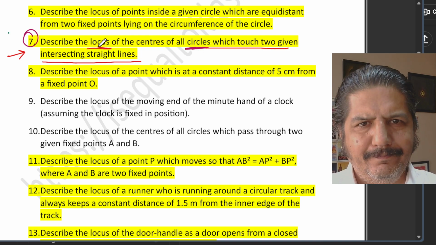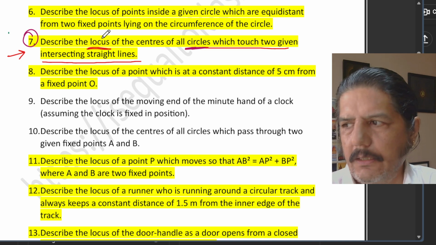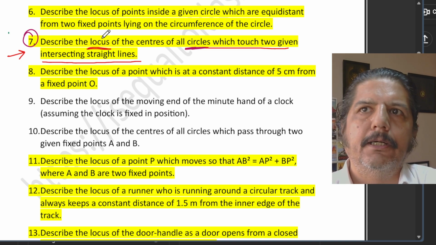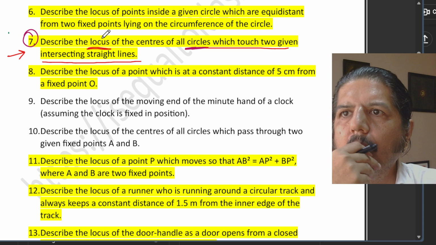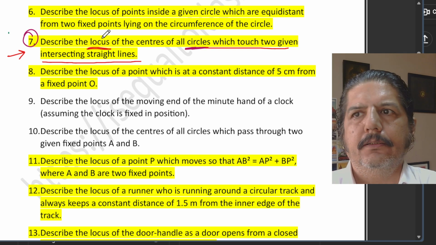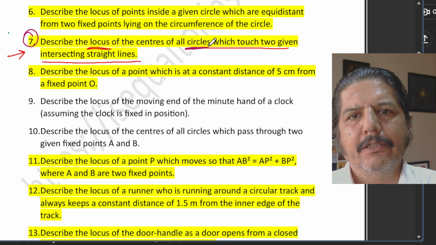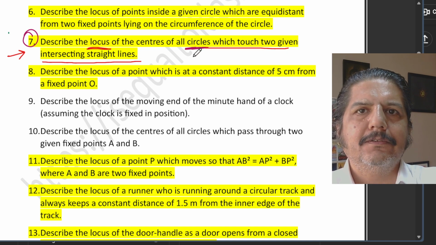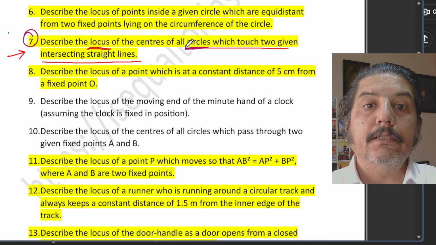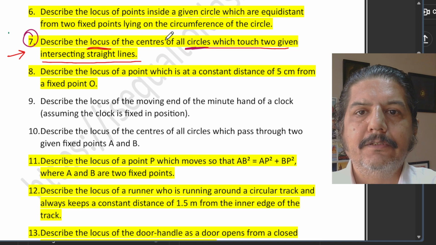So locus, as we have been discussing, is basically the path that is formed when a point follows a certain condition. So describe the locus of centers. Now in this case, what is the condition that the point is following? The condition is that the centers of all the circles which touch two given intersecting straight lines.